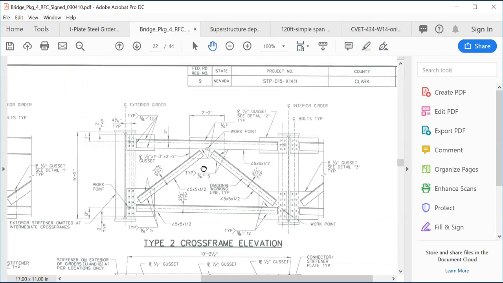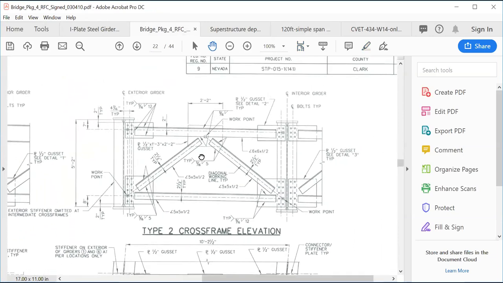So this is the plan for a typical cross frame. It is like a truss type of structure, and usually uses the angle or the channel for the member size. For example, this bridge uses the angle 6 by 6 by 1/2, right here.